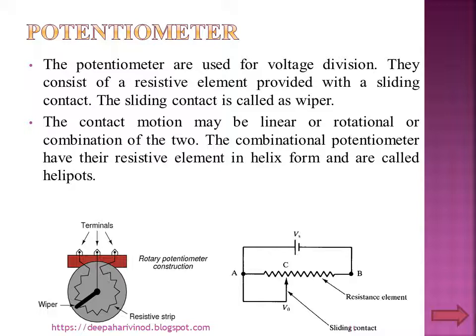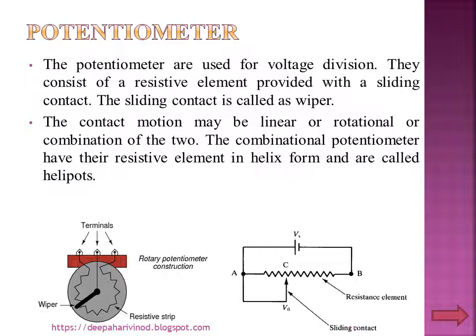Potentiometer. Potentiometric transducer. A potentiometric transducer is an electromechanical device. It is a passive transducer. It requires an external power source for its functioning.